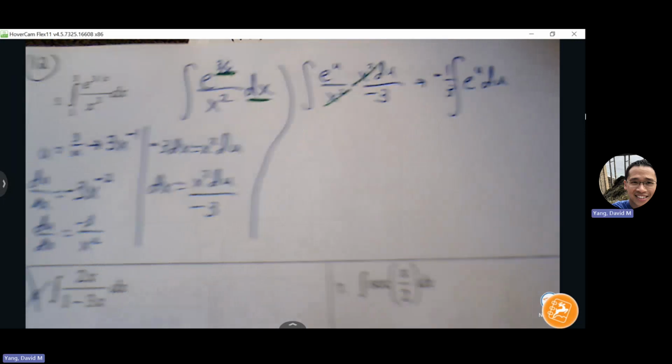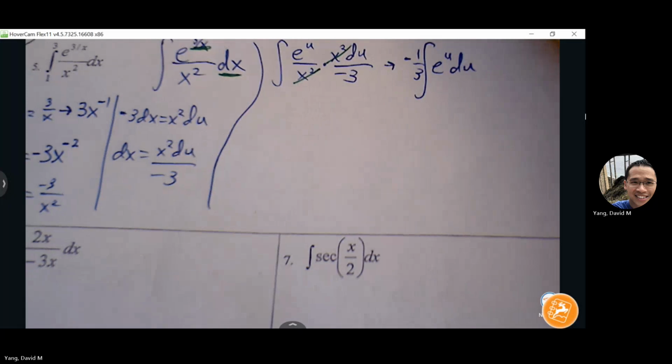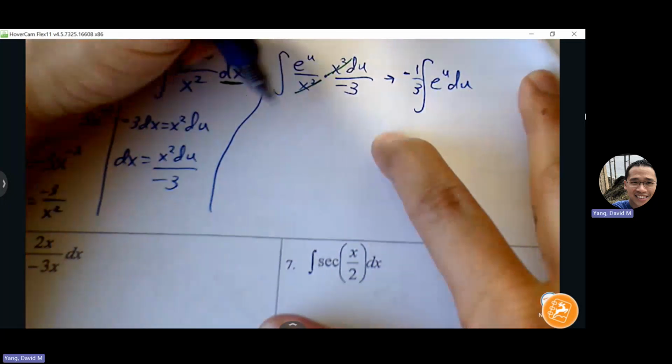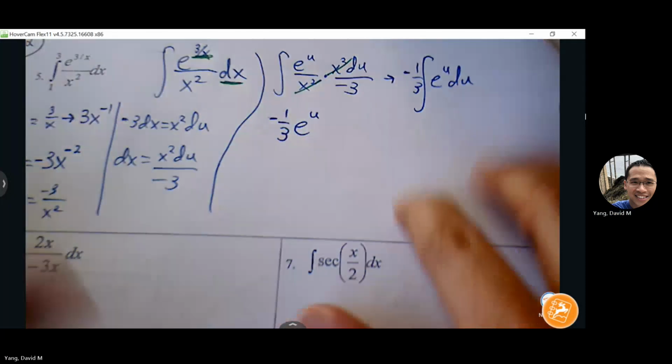Right? What's the rule for e to the u? Yeah, just without the plus c, since we know the bounds are coming.